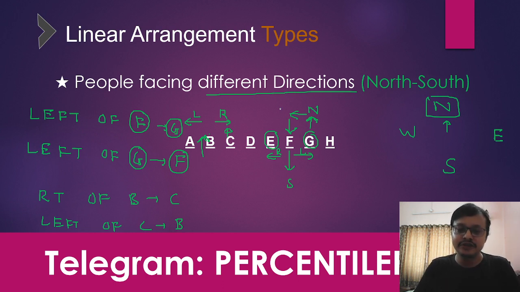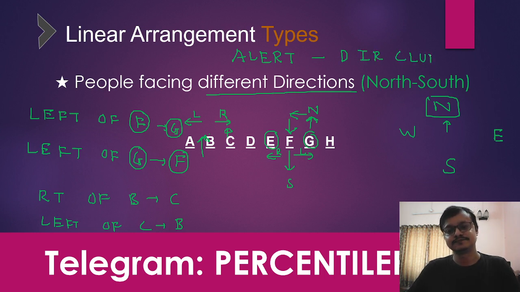However, when they face different directions, the entire ball game of left and right changes, which means you need to be more alert about the direction clues. So always in such sets, be extra alert for the direction clues. That is very important in all such sets.